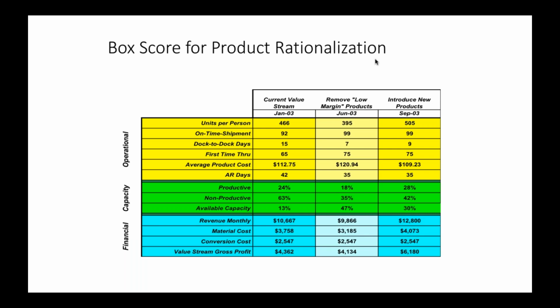In terms of product rationalization, a lot of times in companies, you want to look at your products and get rid of low margin products. Typically, this is done using a product cost. If the product cost is too high and the standard margin is too low, you either outsource or maybe you just stop producing the product.